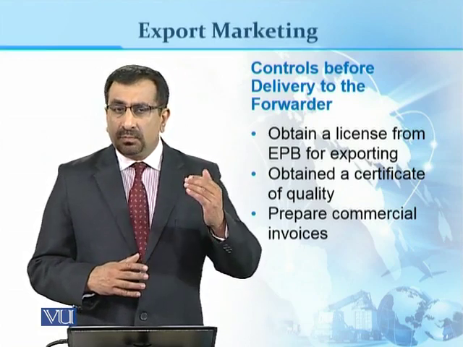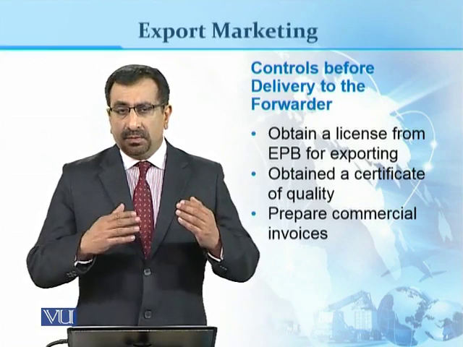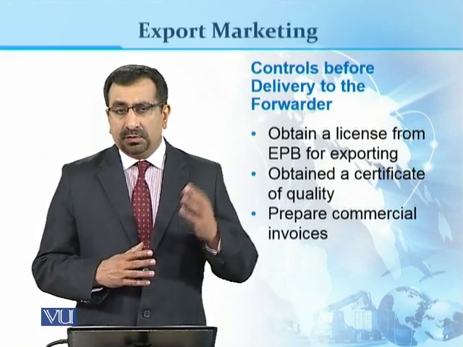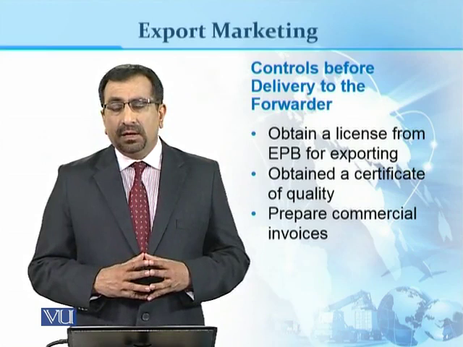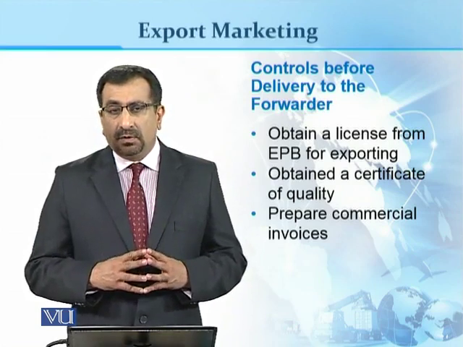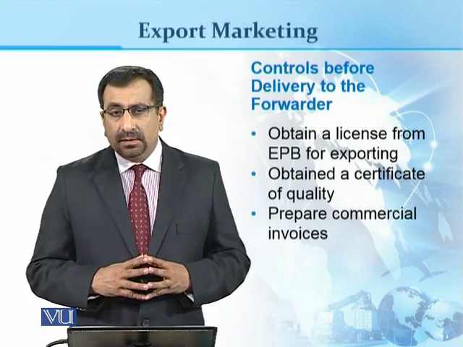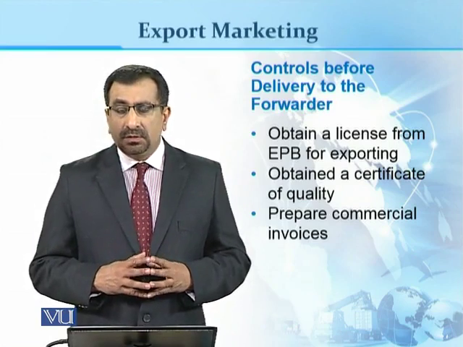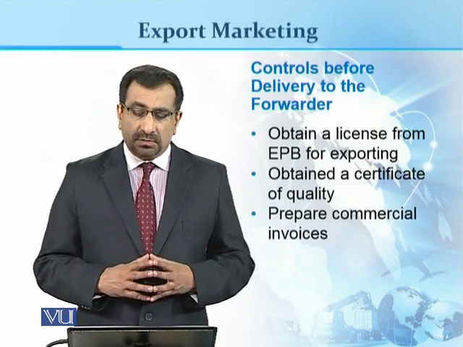So if there is more than one product, a product line being exported, they would be numbered as well. And at the bottom of the invoice, the total amount is written, so that invoice is prepared.